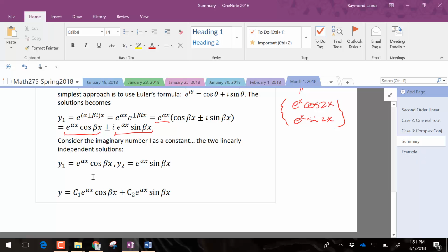And keep in mind that your answer, the two fundamental solutions, are going to be the exponential function raised to the real part of your complex conjugate, and then the trig functions will have the complex part of your complex conjugate. Okay, so the i's will go away, the pluses and minuses will go away. You just focus on those two real and imaginary parts.